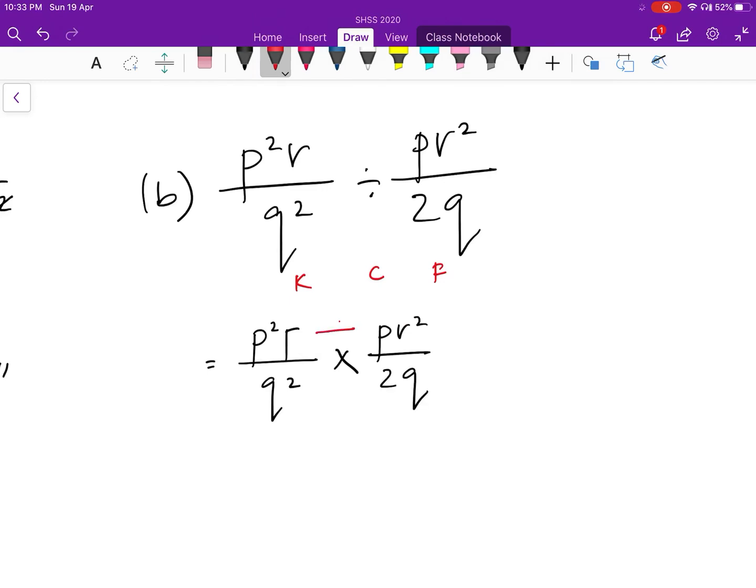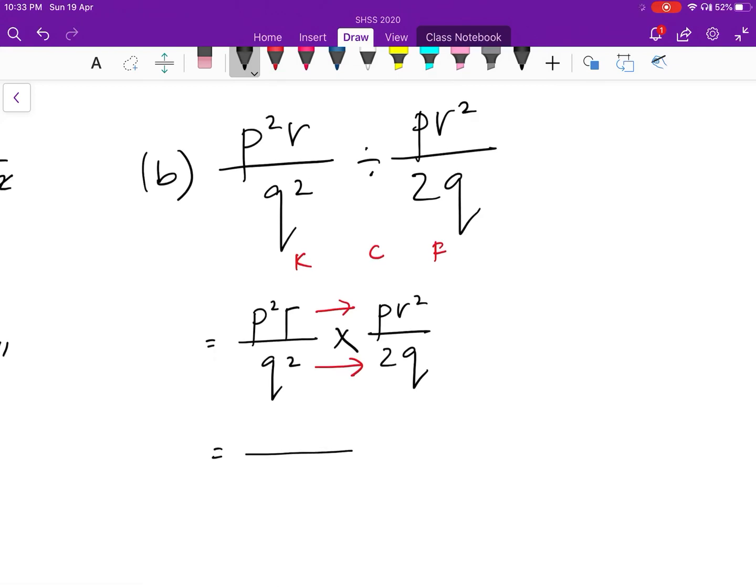I'm going to use the numerator times the numerator and the denominator times the denominator. From here, I will get P squared times P, which gives me P cubed, and that is the yellow highlighted one.